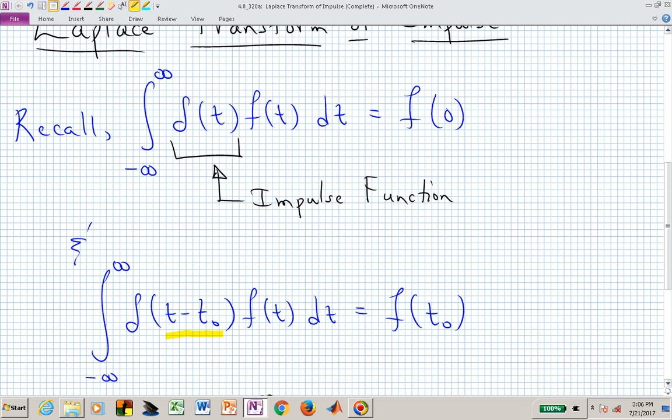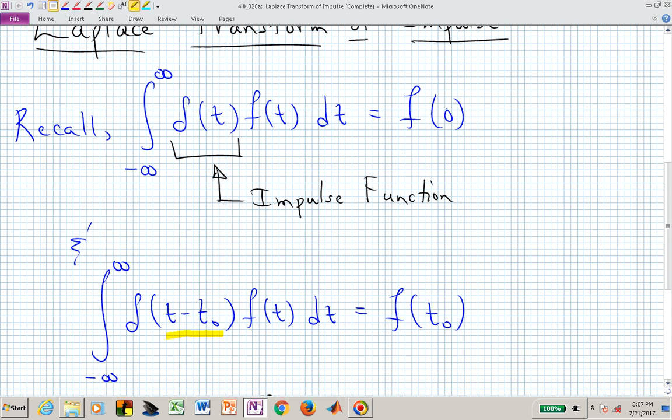That means that this product will only have a non-zero value at time t equal t sub 0. The impulse has an area underneath it of 1, so it's not changing the functional value of f of t. It's simply extracting from this integration process the value of f of t at the instant of time when that impulse occurs, which is at t equal to t0.